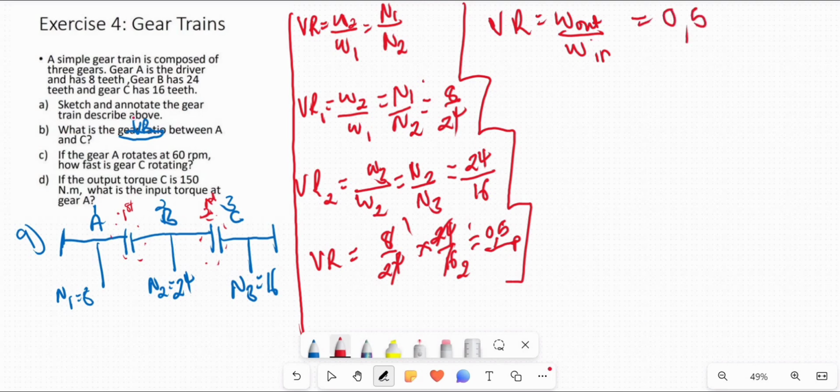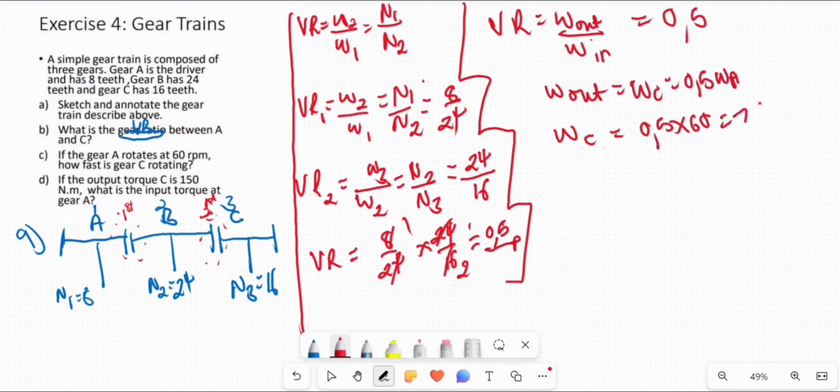C is the output. We want to find the output speed. So the output omega out, which is omega C, is equal to 0.5 times omega in, which is omega A or omega 1. So omega C is 0.5 times 60. What's half of 60? That's 30 RPM.